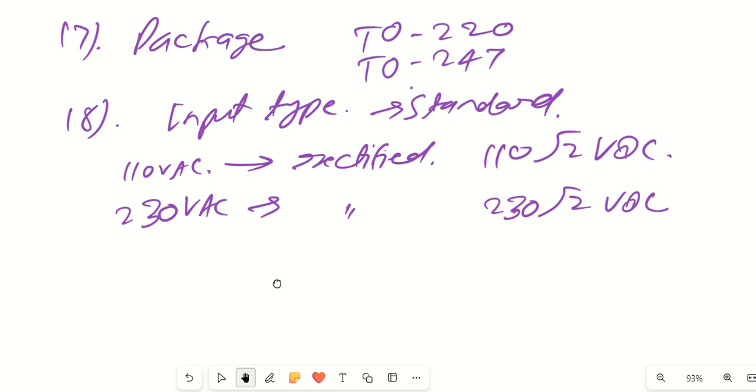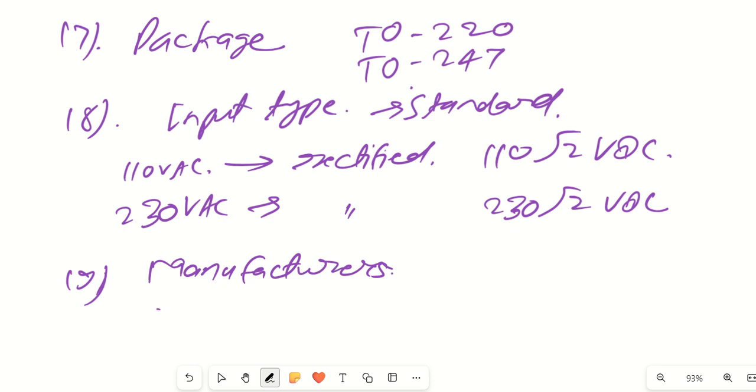All right, guys, and of course, a few more parameters that you always look into, let us say the manufacturer. A few manufacturers are recommended. You can always go ahead with onsemi. Onsemi is one of the leading manufacturers for IGBTs. Then we have Infineon.